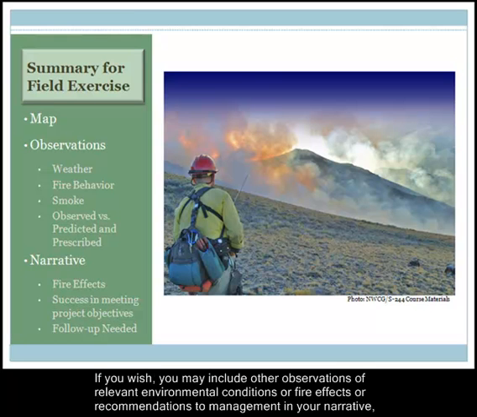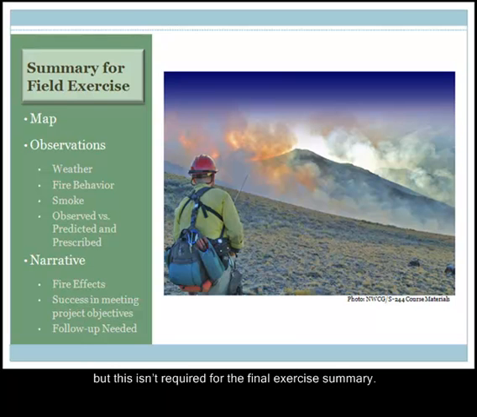If you wish, you may include other observations of relevant environmental conditions or fire effects, or recommendations to management in your narrative, but this isn't required for the final exercise summary.